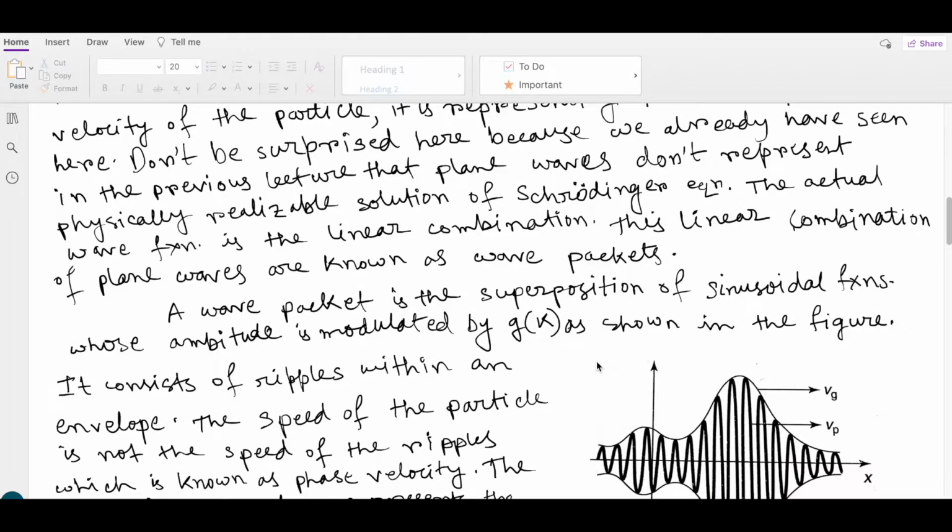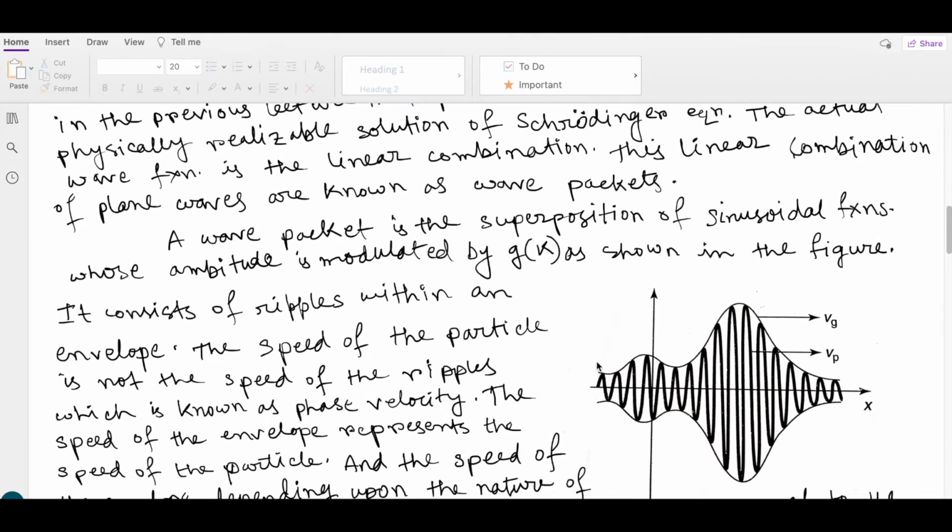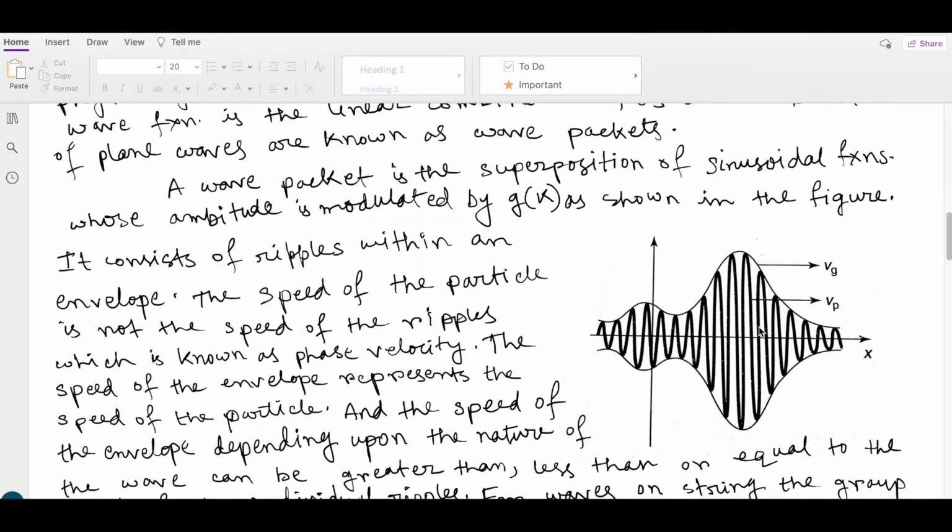A wave packet is the superposition of sinusoidal functions whose amplitude is modulated by g(k), as shown in the figure. This is a wave packet.